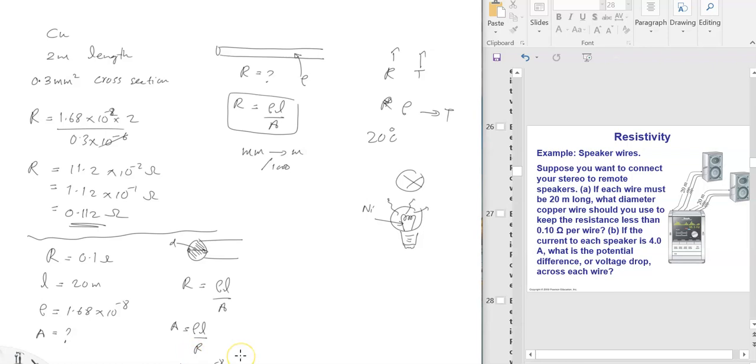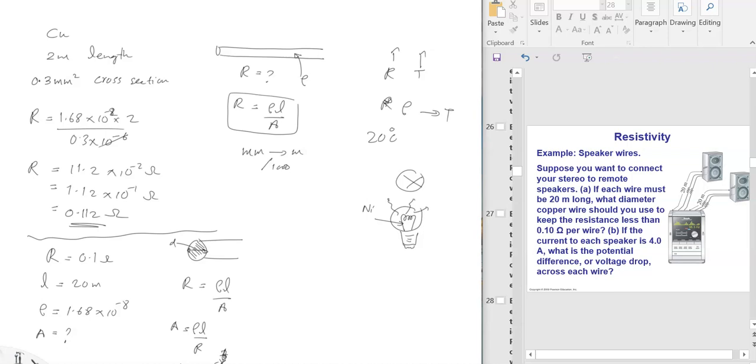Looks like math is not that bad. 1 times 10 to the negative 1 cancels out, negative 7, negative 6. That's the area, in meters squared.